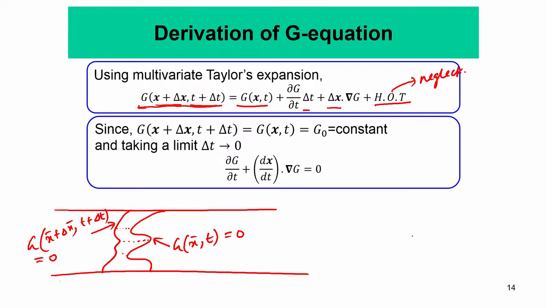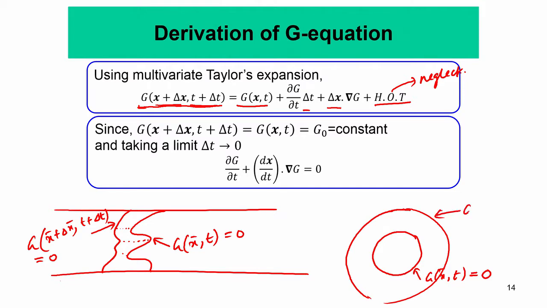Another good example is to suppose you had a sphere. It is a spherical flame which is given by G(x,t) equal to 0, as you remember. Here we may not know the exact functional form because it is not a regular surface. Now, after some time, say this flame expanded and became like this. So, this is G(x bar, t) and this value is still equal to 0 because it is the same level set surface.